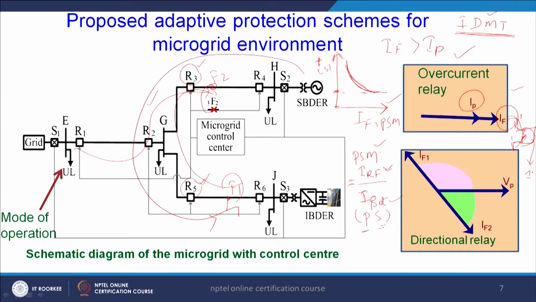Coming to the directional relay principle, how this particular relay operates: we generally take the pre-fault voltage. This is basically the nominal voltage at the different buses, like DG buses, the grid terminals, or the load terminal, wherever we kept the relays. So, this Vp is the polarizing voltage.